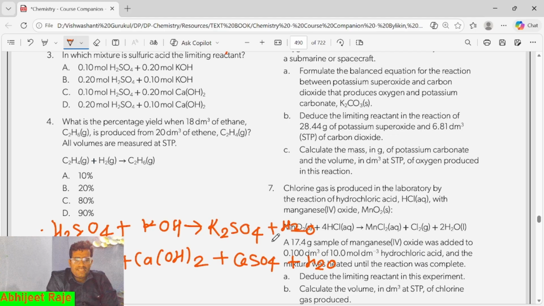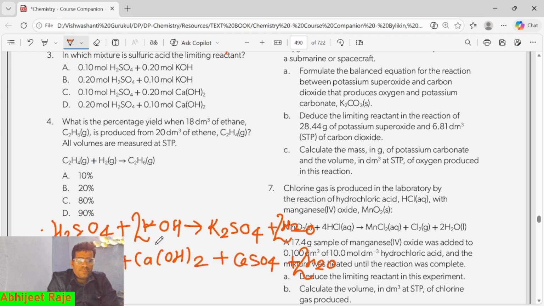Now the second task is to balance. This is H2SO4, this is K2, so I will write 2 here. So K is 2, SO4 is 1, and H2 here is 2 plus 2, total 4, so here only 2, so I will write 2 here. Similarly here also it will become 2: calcium 1, hydrogen 2 and 2, total 4, sulfate is 1.